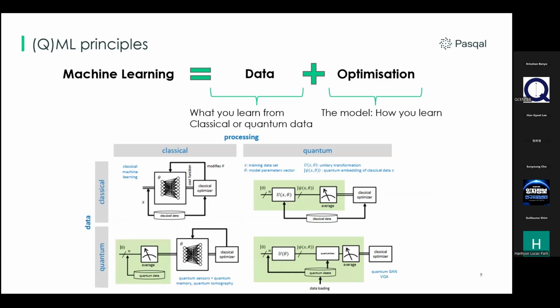So we can talk about data that's coming from a classical source and data that's coming from a quantum source. Data can be naturally quantum. For instance, you can think about any kind of quantum sensors.